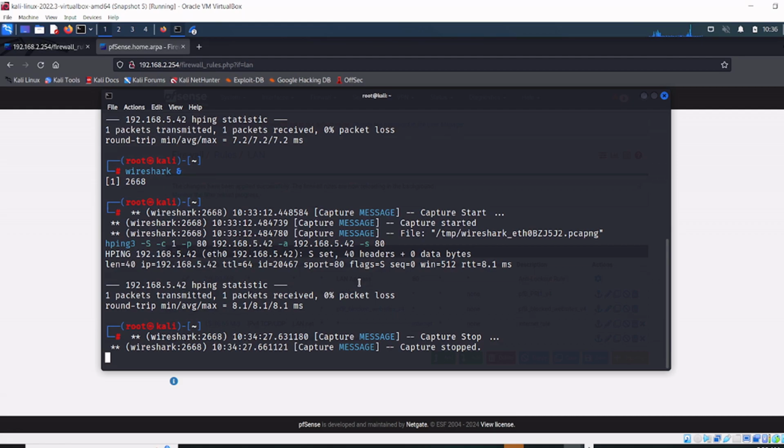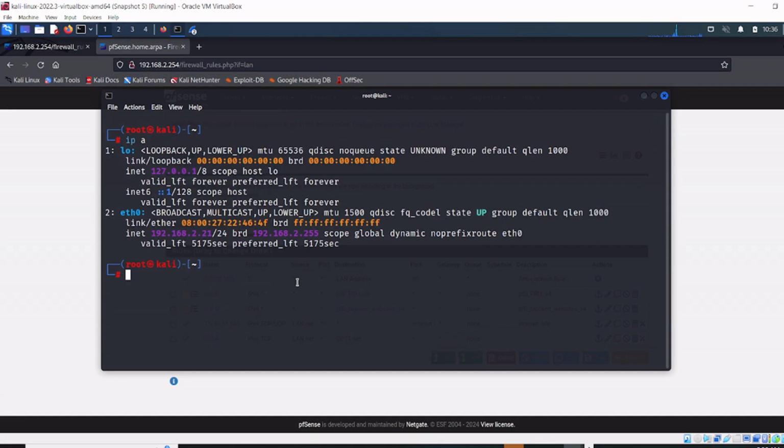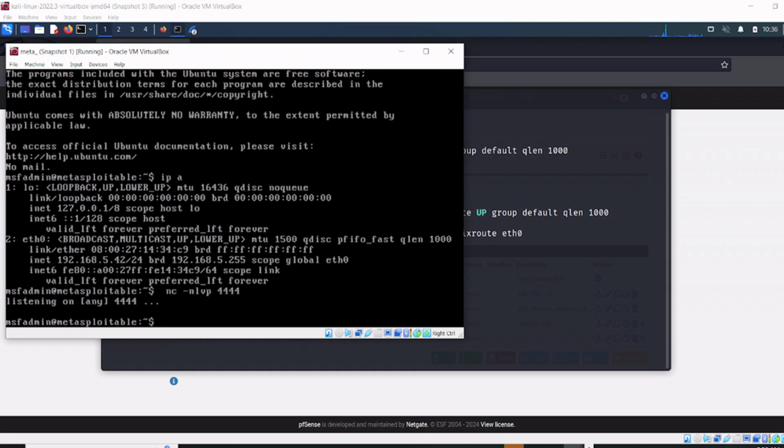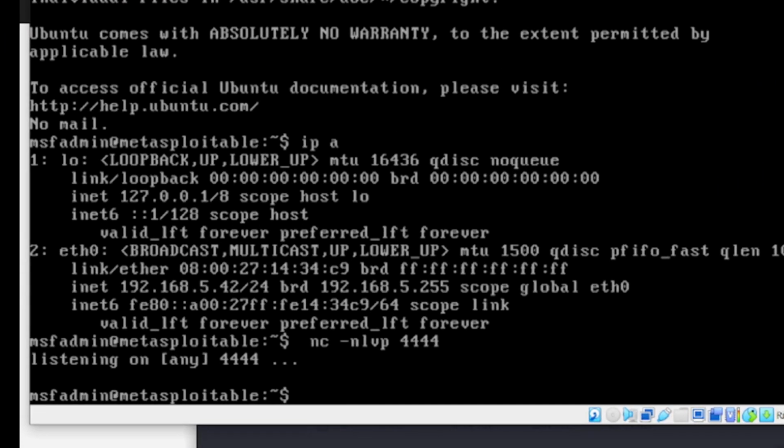What I'd like to do first actually is explain a little bit about the network that we're dealing with here. So I've got a Kali machine here, and its IP address is 2.21, and I've got a Metasploitable machine, and its IP address, as you see on the screen here, is 5.42.